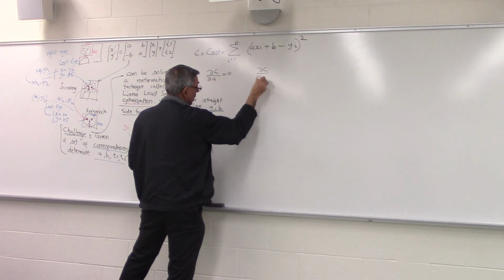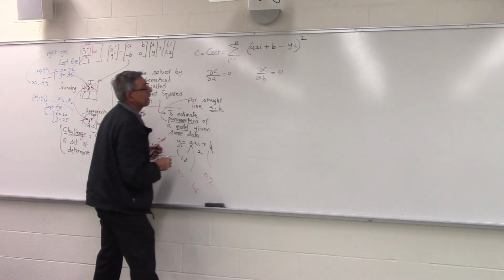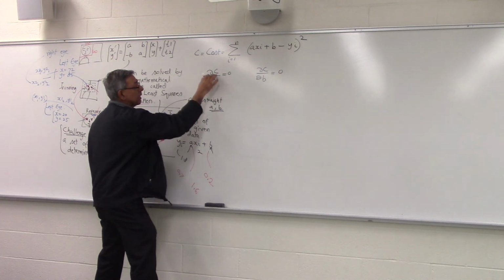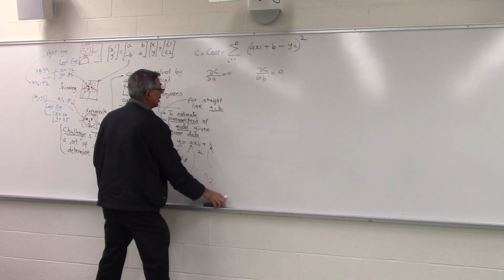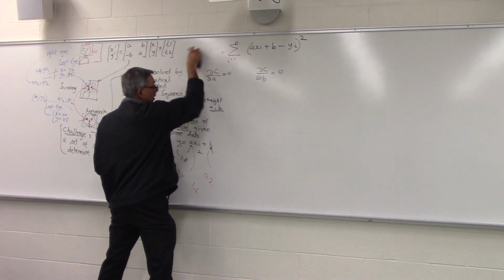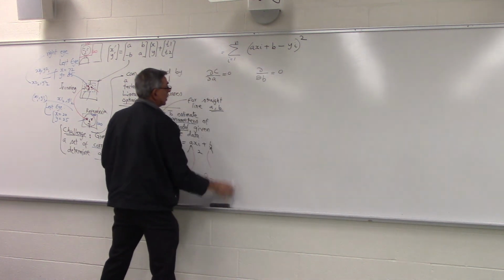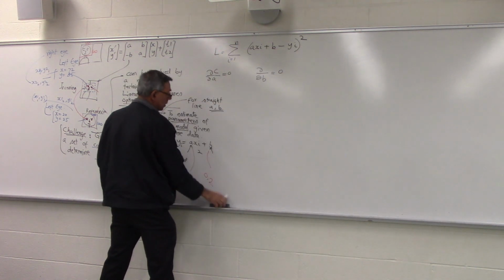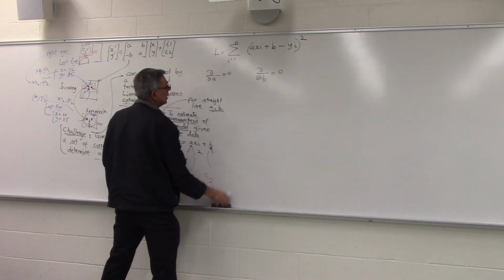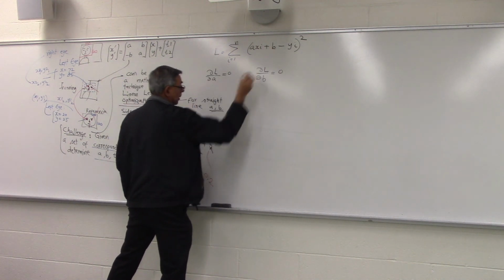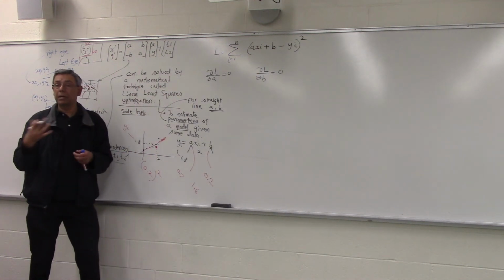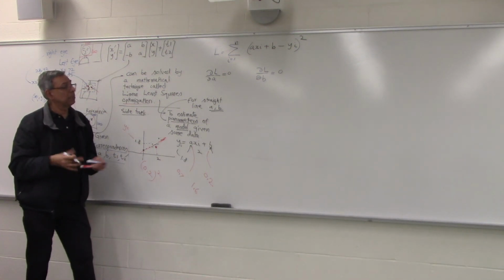Partial C over partial B, we'll set it to 0. C is the cost. Or rather than a cost, let's call it a loss function. In the terminology, sometimes we use loss, sometimes cost, sometimes error, but they all mean the same thing, it doesn't matter.